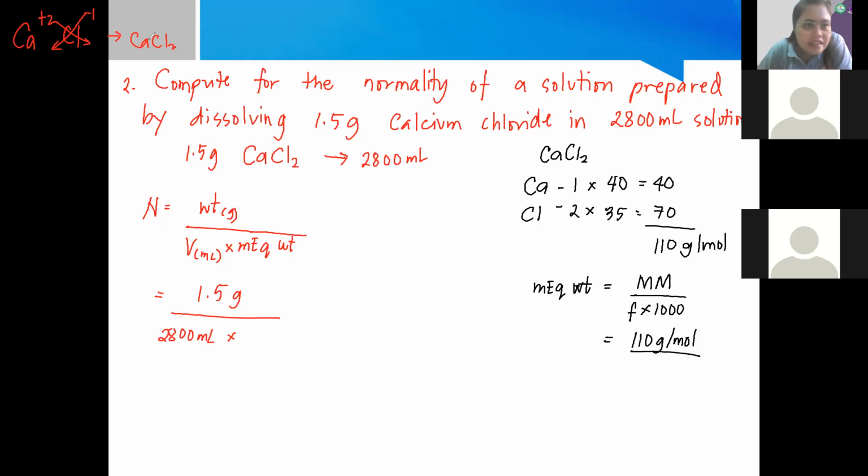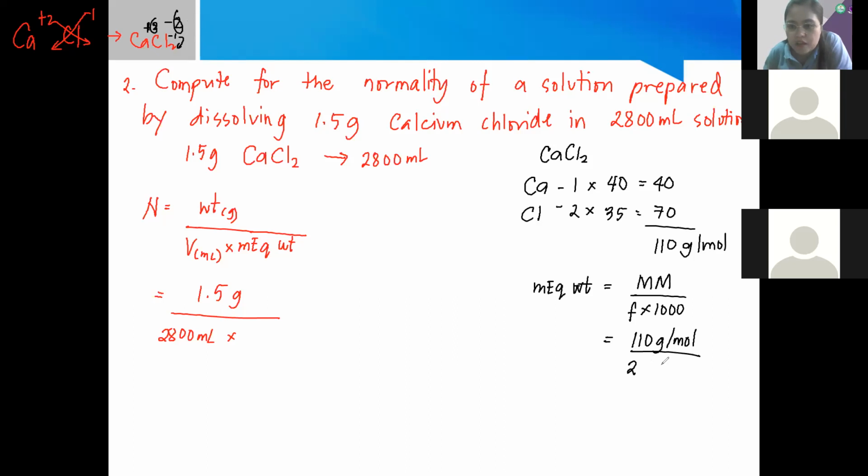This is not an acid. This is also not a base. So you will be looking at the charge. Calcium is positive 2. Chlorine is negative 1, but you have a subscript of 2 here, so this is negative 2. Parehas na silang 2, which means our F here should be 2.